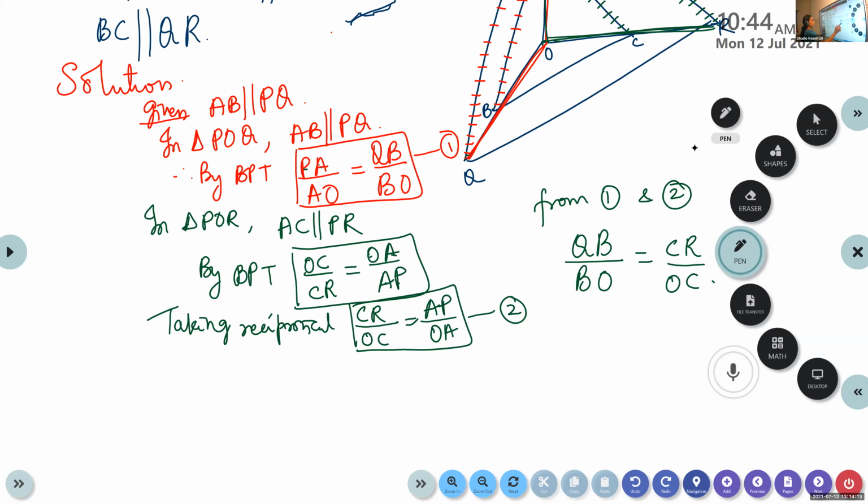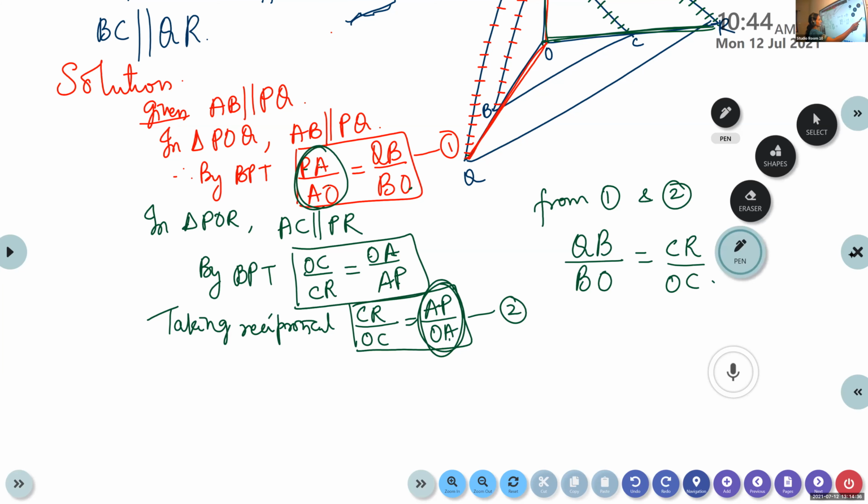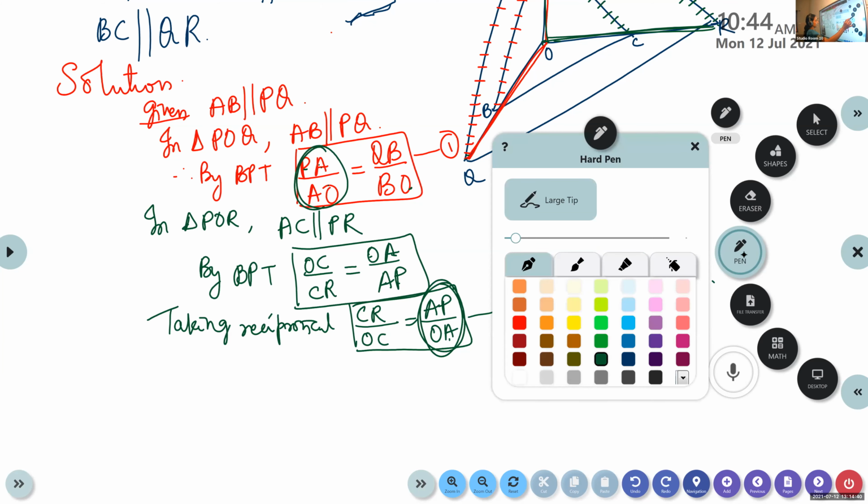No. When you compare, here AP is on the top, and here also AP is on the top. So here QB by BO is equal to CR by OC. We can't write OC on the top. When you compare it, you should compare it properly.